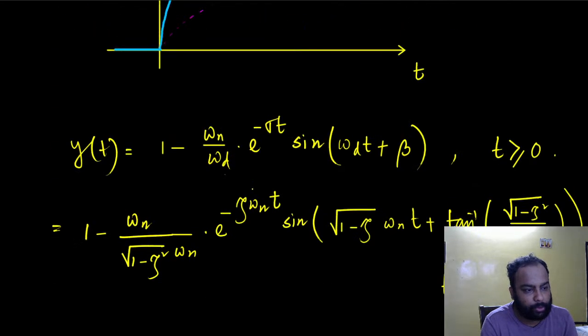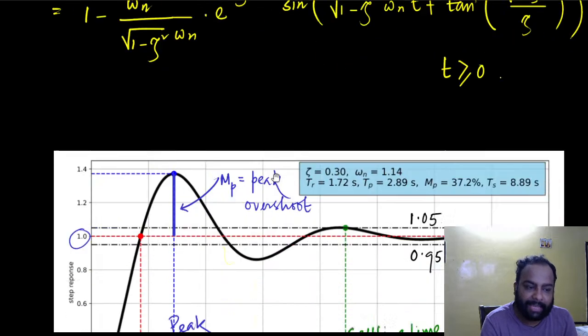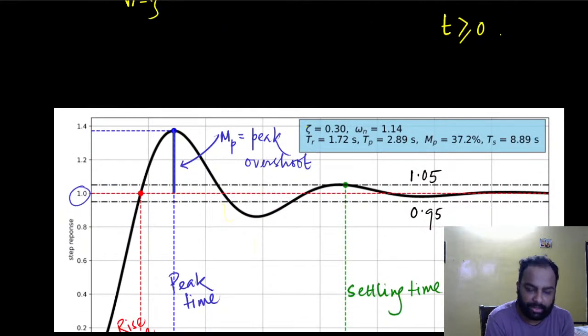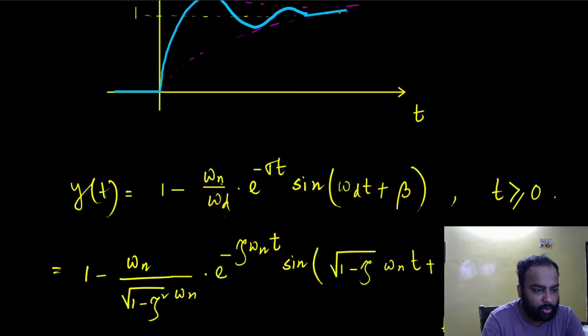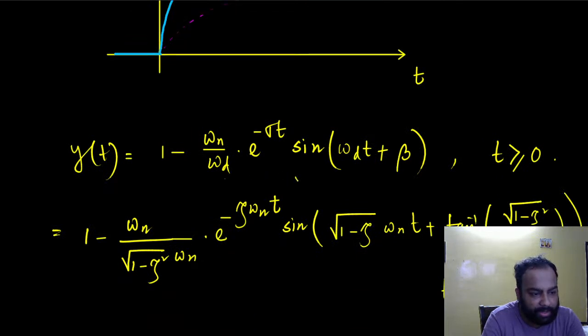I was supposed to discuss quite a few things here, but just keep in mind that there is damping for this system, but the damping is designed in a way that the response still oscillates. The sinusoidal part of the response decays, but decays in a way that it is still visible.